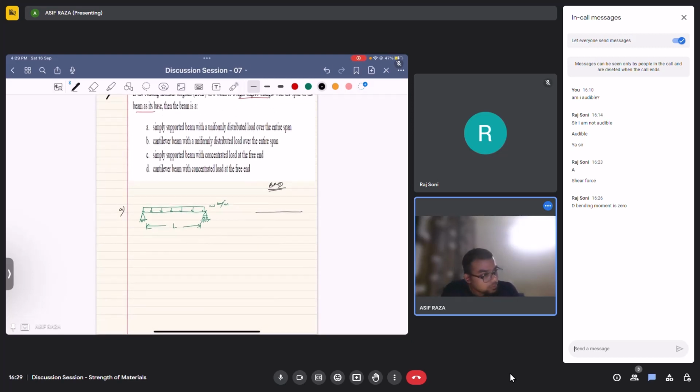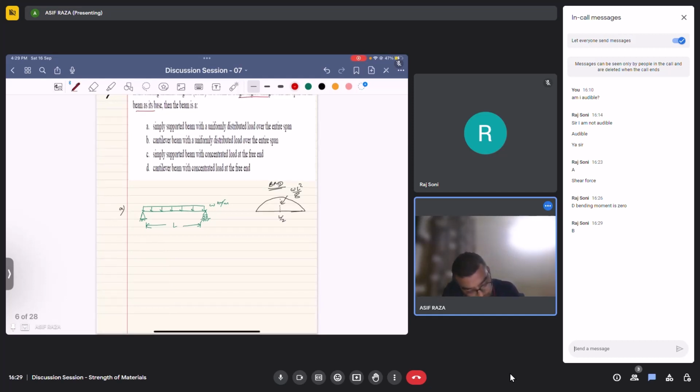Okay, I'll help you. It's a parabolic structure, and at L by 2, it is equal to WL square by 8. You're giving option B as the answer. Okay, let's see. So this is parabolic.